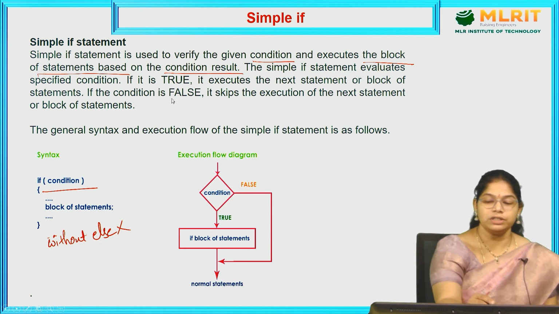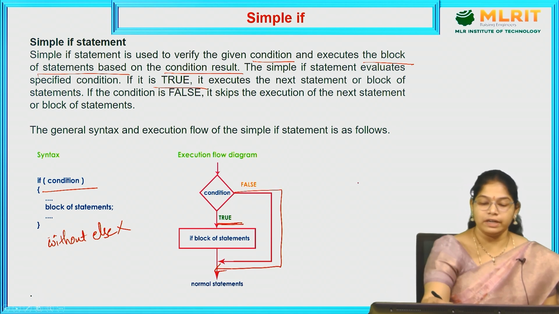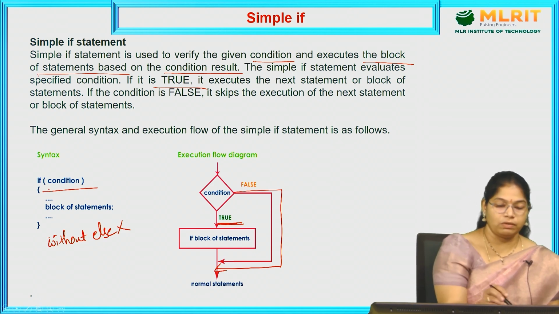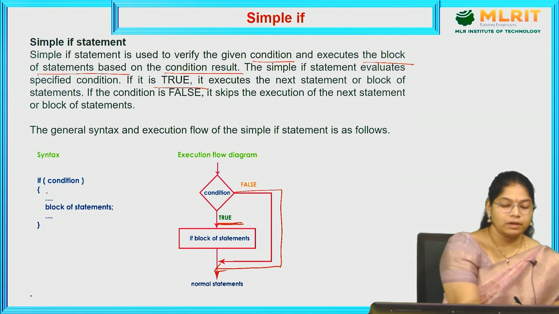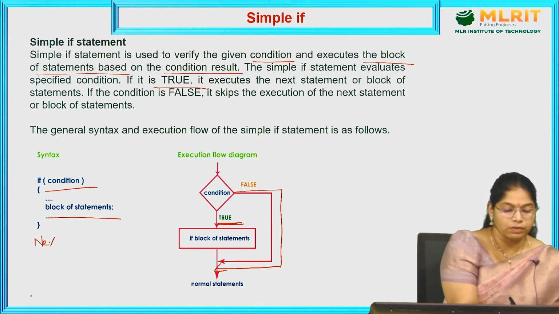If the condition is true, the true block is executed. If the condition is false, it goes to the next statement. Generally, we write only the true block of statements. The general syntax of simple if is: if (condition), and if the condition is true, the block of statements is executed. If the condition is false, the control goes to the next statements.